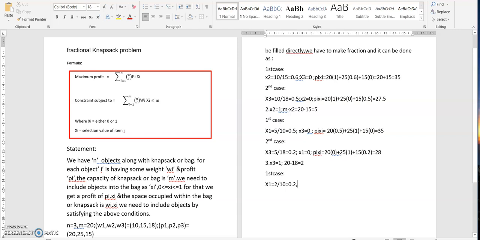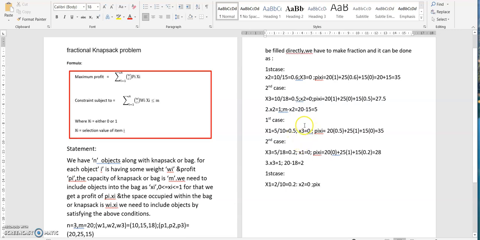Then we need to find the x2 value. The x2 value is 0. Why did we get x2 value 0? Because there is no more capacity present to be included. Next we need to find Pixi. Then calculate the Pixi value.